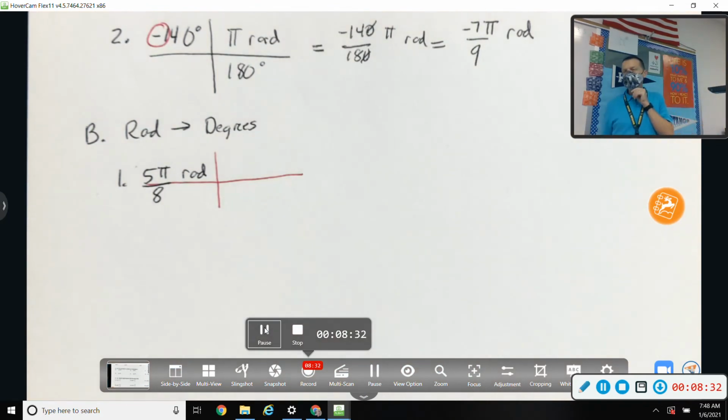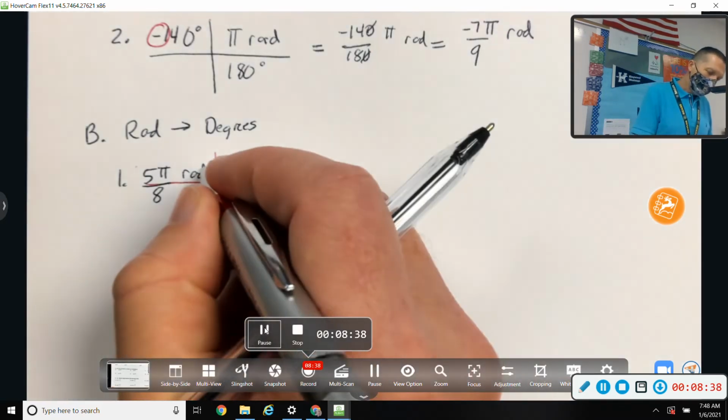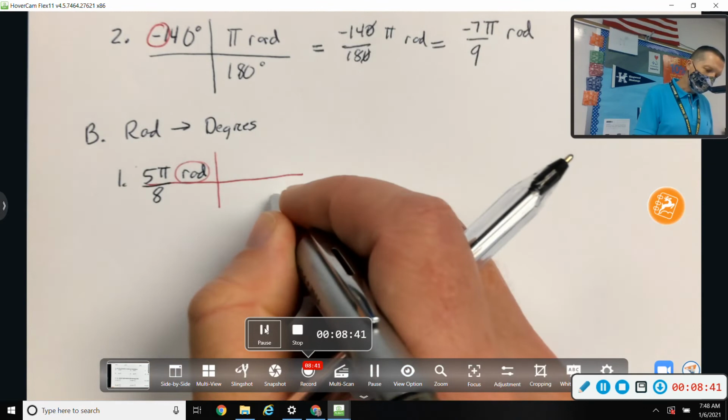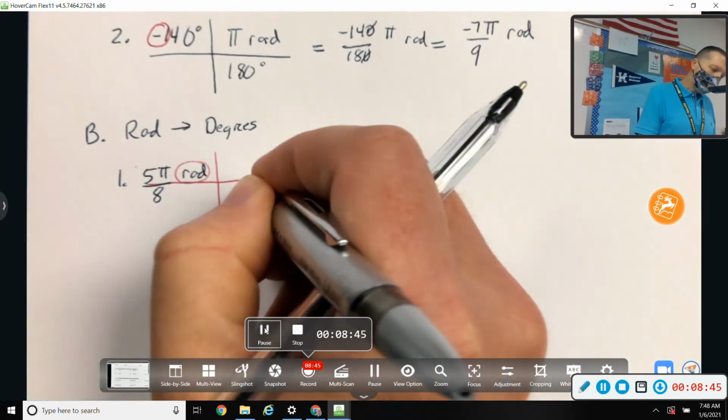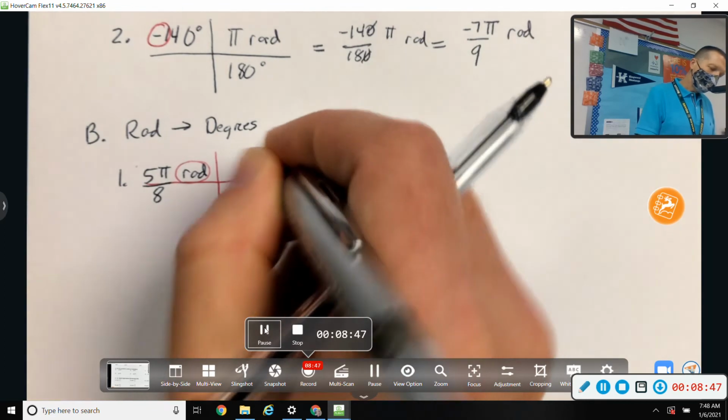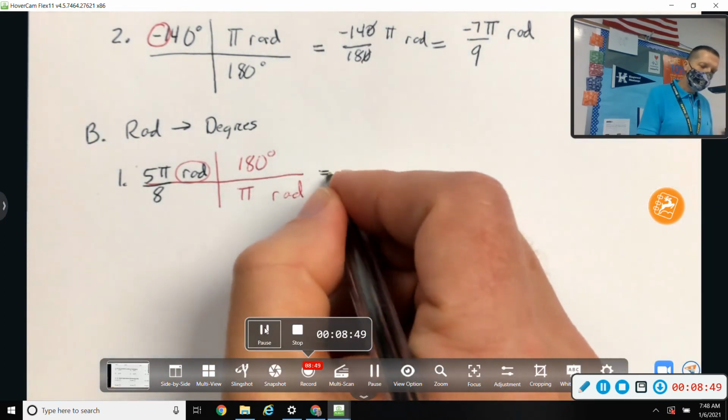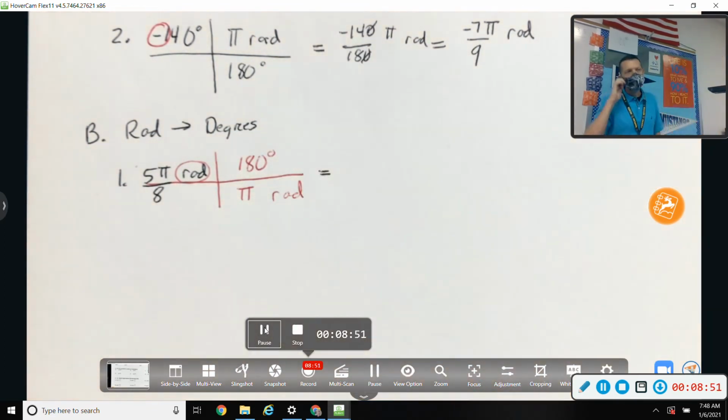That'll make handling the fractions a little bit easier. Radians is in the top now, so I want radians in the bottom to cancel it. So pi radians is 180 degrees. So it's a little bit backwards. But again, I don't memorize which one is which. I just figure out where the units need to go to make them cancel out.